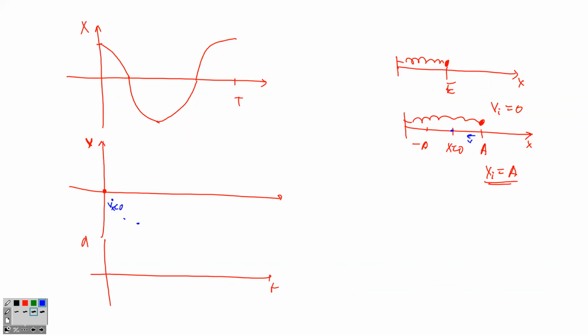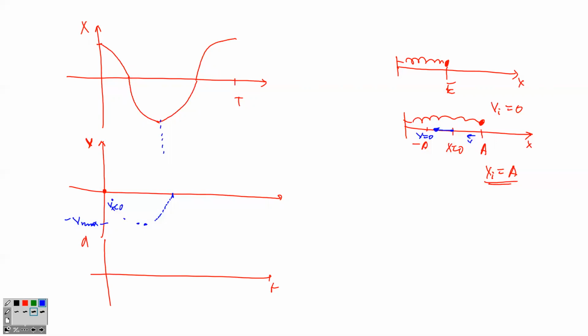When the object travels through the equilibrium, it has highest speed, but still points to the left. So maximum speed in a negative direction is reached. But then it slows down, and at the opposite side, this speed is 0 again.